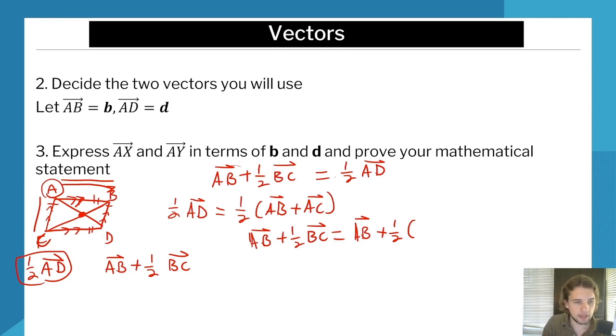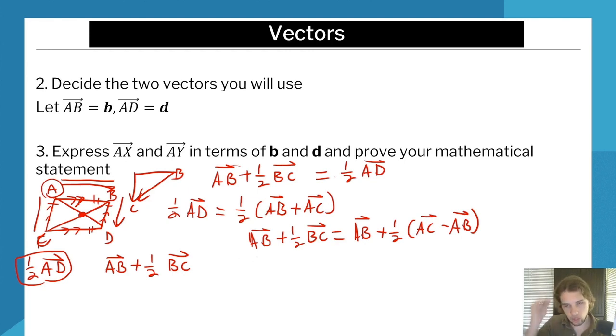Now, B to C is like A to C, because we go down, and then it's also like negative A to B, because negative A to B moves us this way, and then A to C moves us down, so the overall line is like B to C.